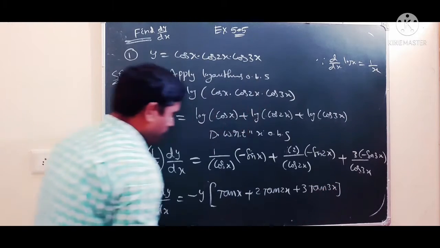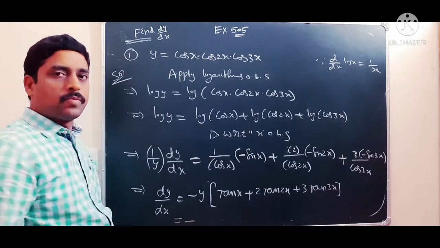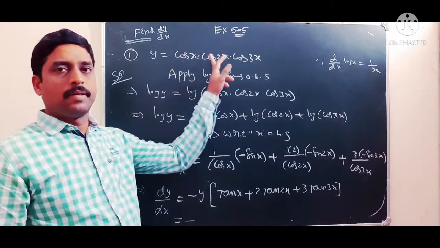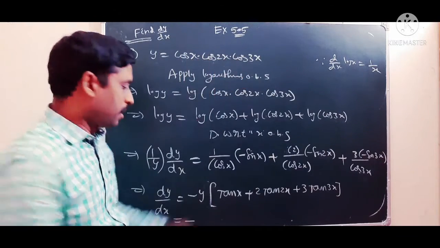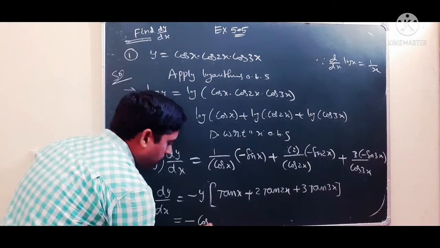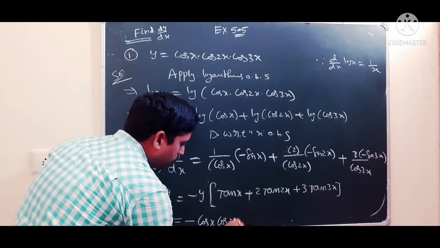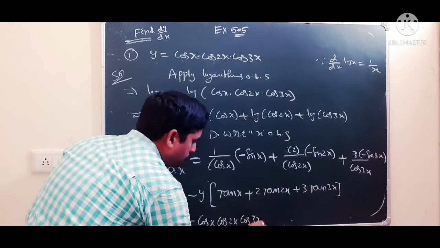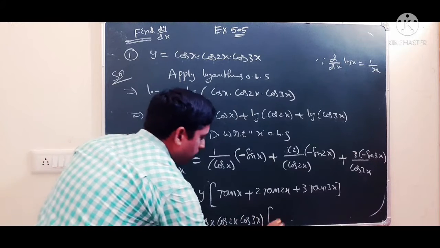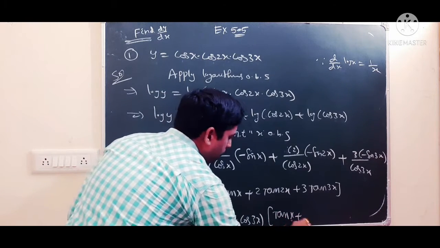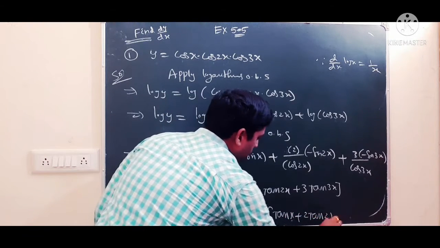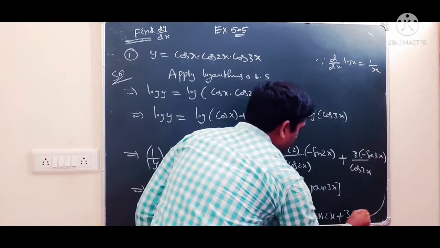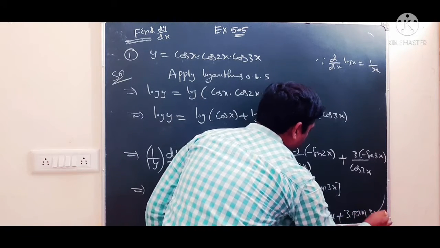Minus of, so what is y? From the statement, y is cos x into cos 2x into cos 3x. So dy by dx is minus cos x cos 2x cos 3x into tan x plus 2 tan 2x plus 3 tan 3x. This is the answer.